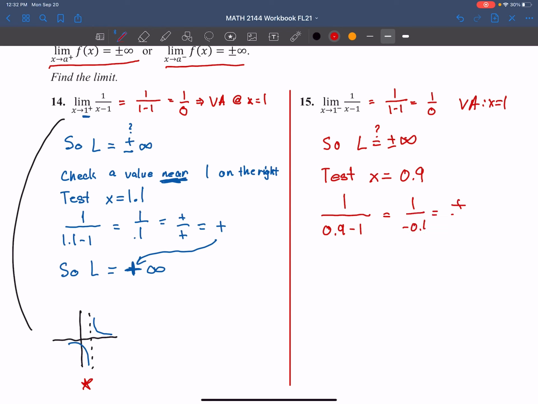A positive over a negative is negative. So L is equal to negative infinity. That's how vertical asymptotes appear within the context of limits. Any questions on this one?